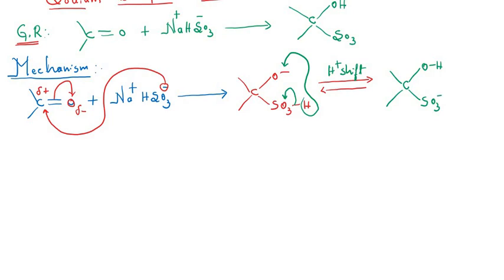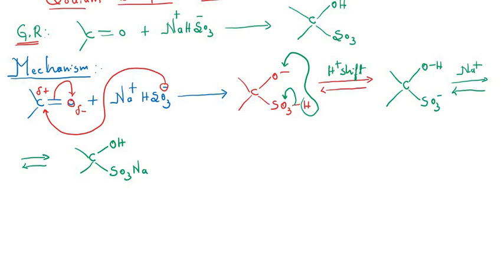And this part, in the presence of Na plus, which was present in the reaction, I just have to write that arrow mark in the reverse manner. Okay, fine. In the presence of Na plus, it gives the expected product, C, followed by OH, then SO3Na.